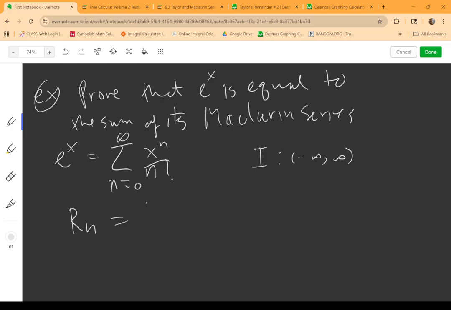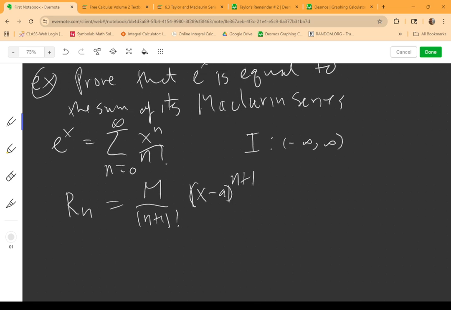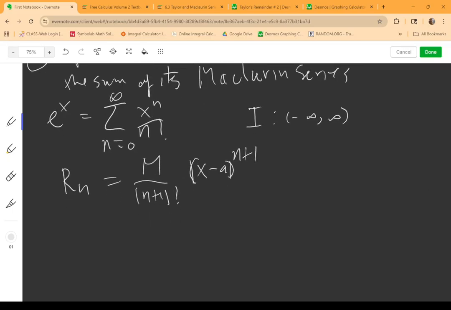The remainder is some value M over (M plus 1) factorial times (x minus a) to the M plus 1. Now I know that for any derivative of my function, in this case f of x is e to the x, the nth derivative is always e to the x.